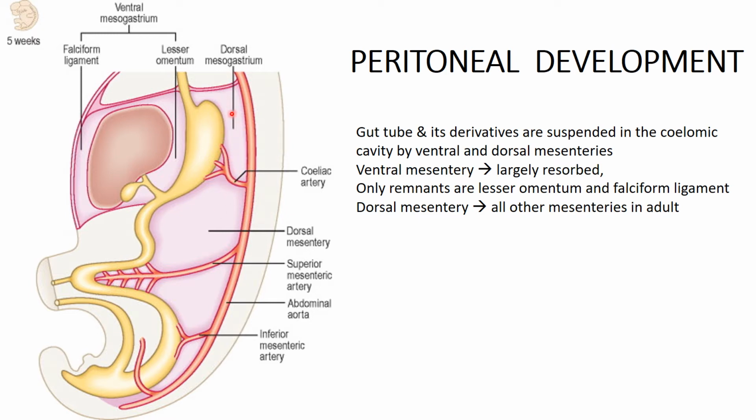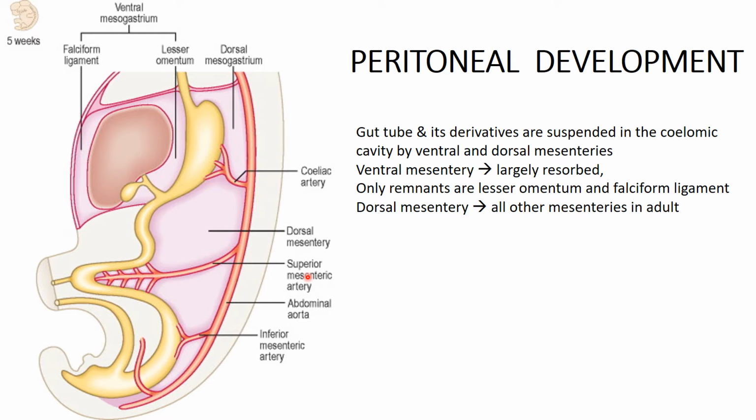Now the dorsal mesentery, as we know the mesentery proper, this is the dorsal mesentery, and it is derived from this lower portion of the pericardio-peritoneal canal and the somatopleuric and splanchnopleuric mesodermal portion derived from the lower part of the foregut, majority of the midgut, and upper portion of the hindgut, and the derivatives are dorsal mesogastrium, which later forms the greater omentum, then this dorsal mesoduodenum, then the dorsal mesentery, which is wrapping around the jejunum and ileal loop, and this forms the mesentery proper, and in the lower portion is the dorsal mesocolon.